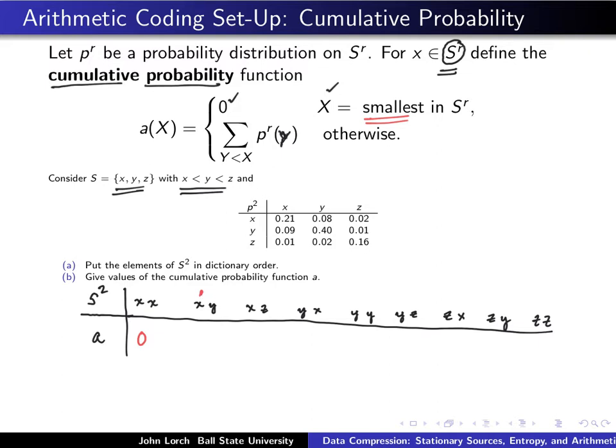Here, the only string that's less than XY is XX, and its probability from the table is 0.21.